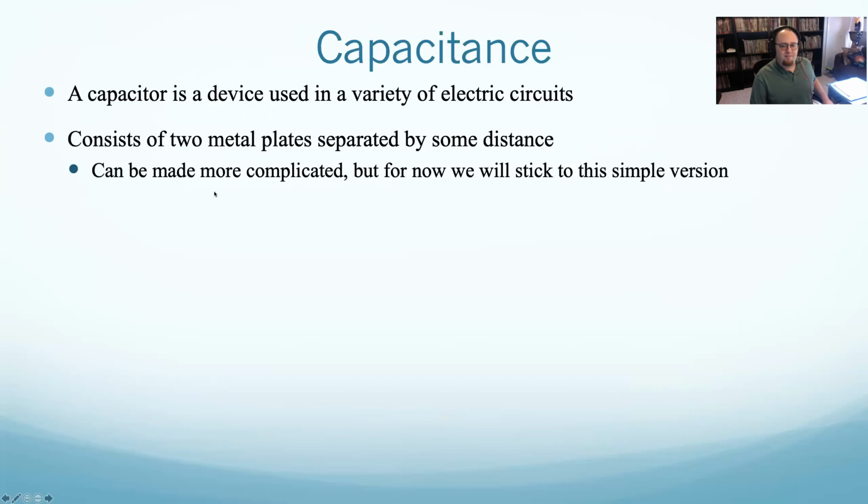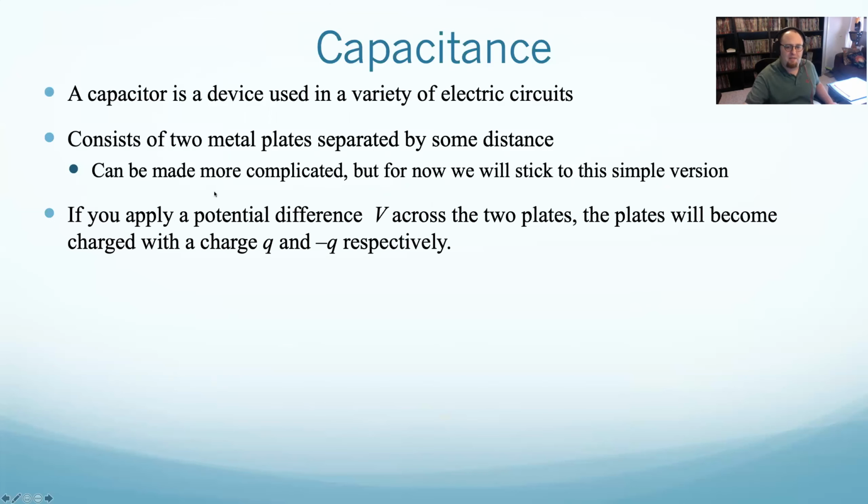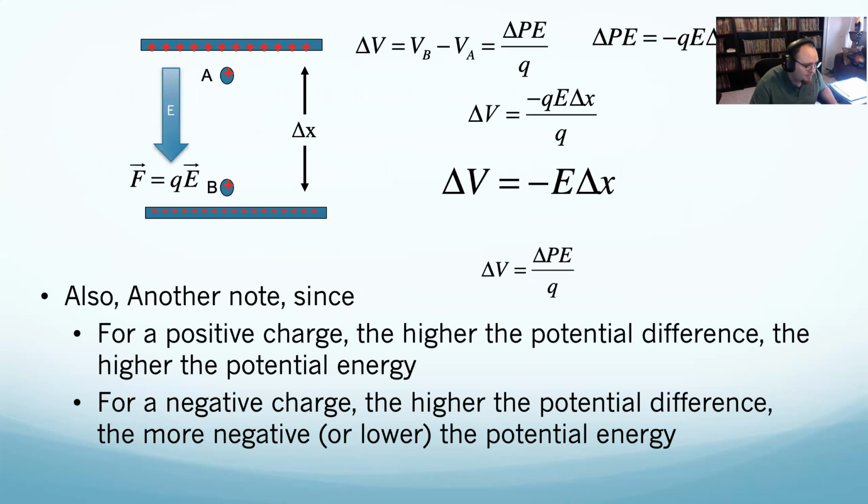What happens is, if you do something to create these plates, you can apply a potential difference across the plates and they will become charged, where one plate will have a charge Q and the other plate will have a charge negative Q. Going back to the material from way back at the beginning of the day, if I give one a positive charge and one a negative charge, that's causing an electric field.